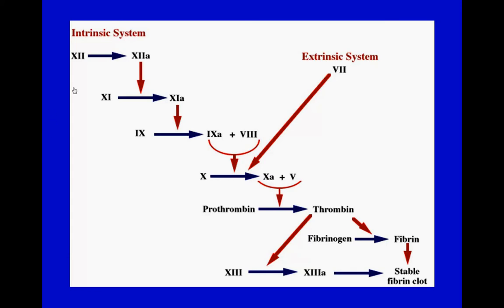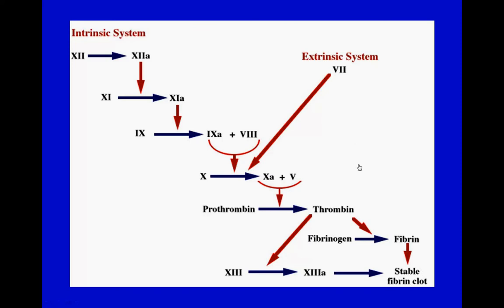So to stop bleeding, I need clotting factors, I need thrombin, I need factor 1, and blood type factor 1 is actually called fibrinogen. Do you remember in the previous slide it said fibrinogen is going to break down to form fibrin, and that would join with the platelets and make a more stable clot.